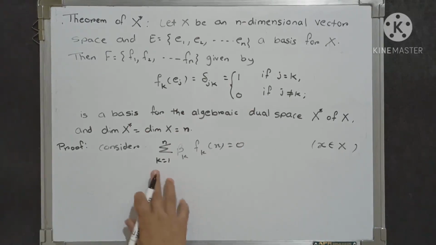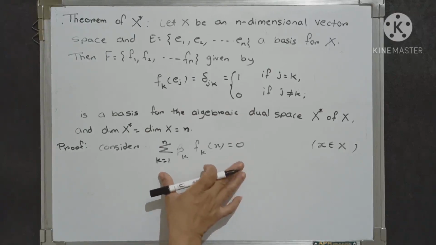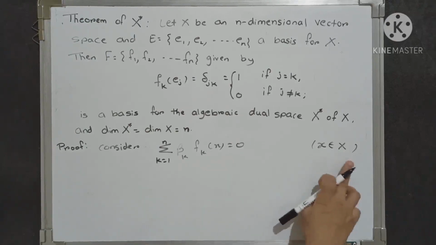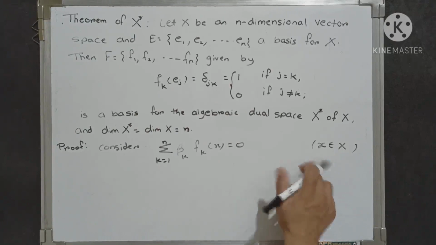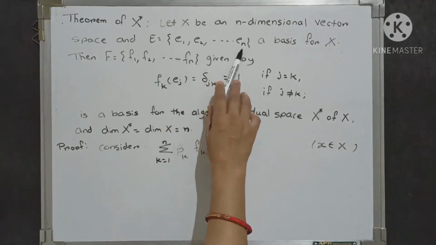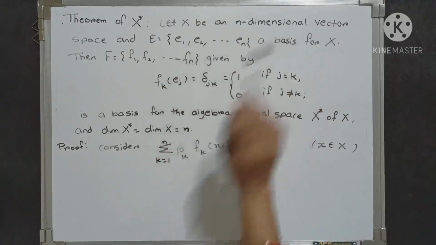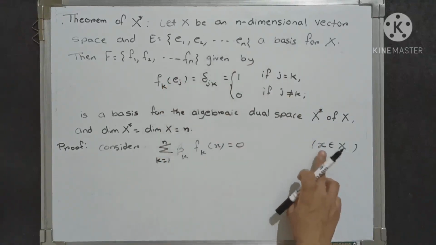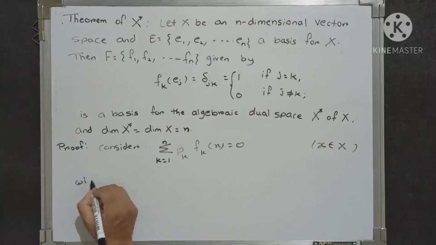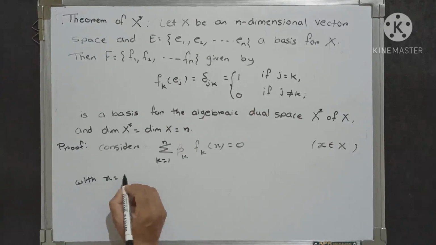So as this equality is true for any x belonging to capital X, and E1, E2 up to En is a basis for capital X, that means each Ei is an element of capital X. So we can take the value of x equals Ej, where j is any fixed element.